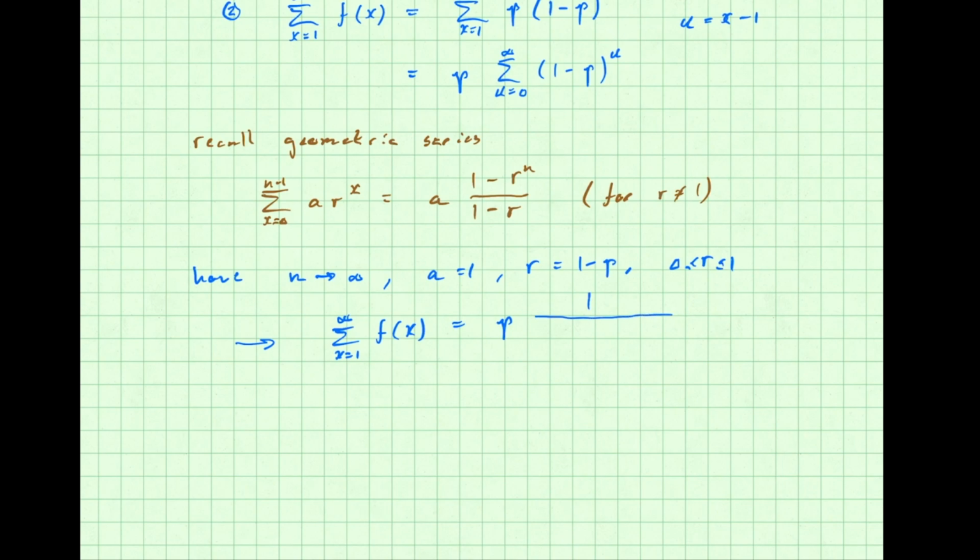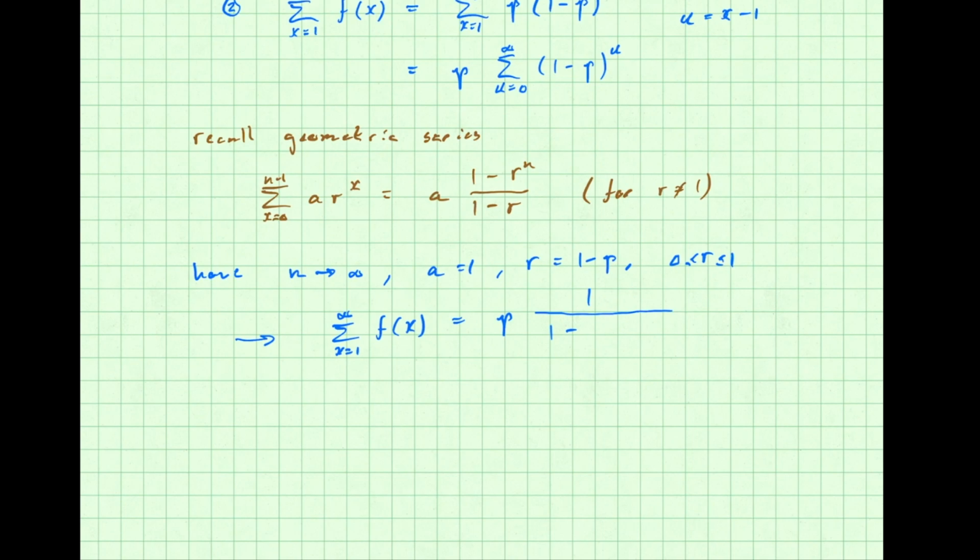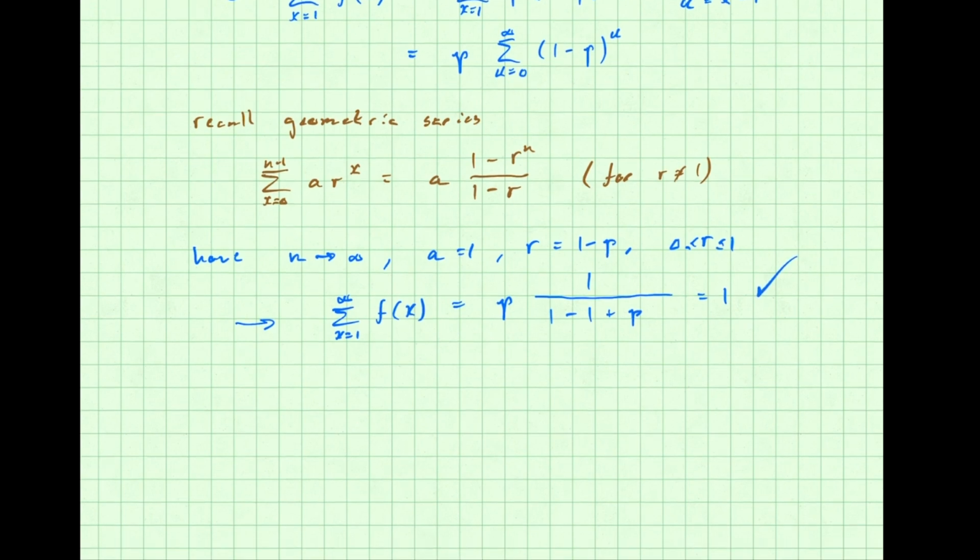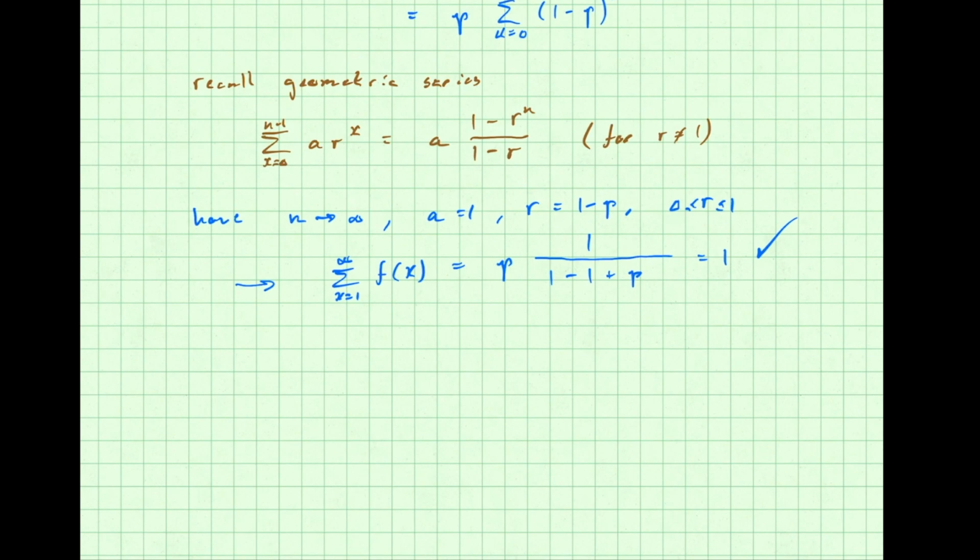And then in the denominator, you've got 1 minus r, and r was 1 minus p, so this becomes minus 1 plus p, right? And so this is 1. And so the honesty condition checks.